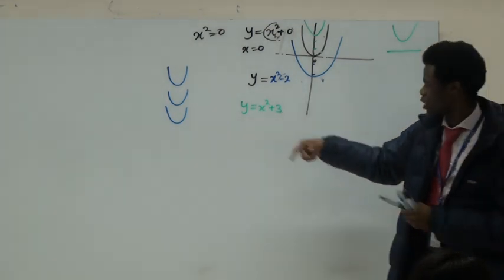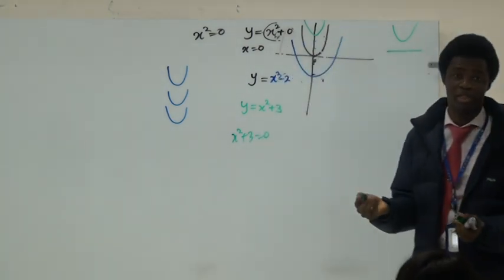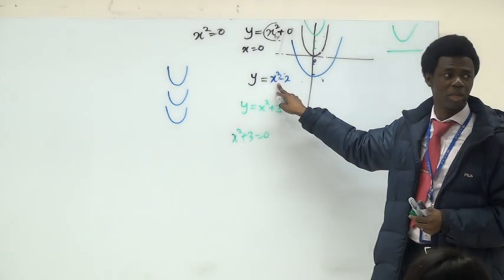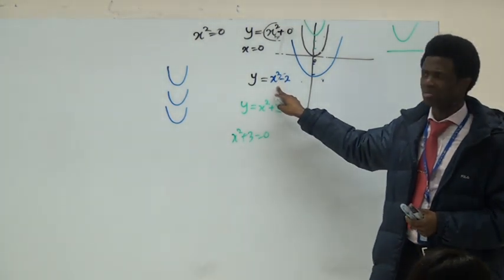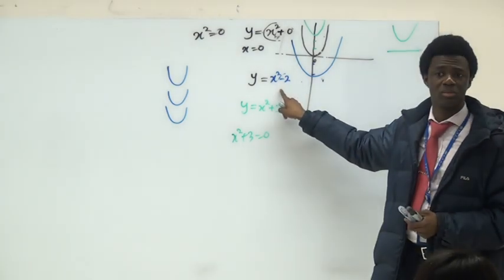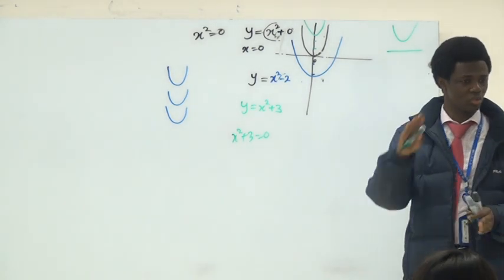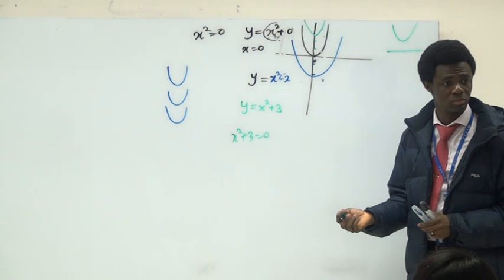No. If we solve this, x squared plus 3 is equal to 0. It's always the point where it touches the graph. If you solve this, you get what? Plus or minus square root of 2. Do you know what I mean by solve? When you equate it to be 0. This point where it touches is something we are still going to do in graphs. The point where it touches the x-axis is the solution.